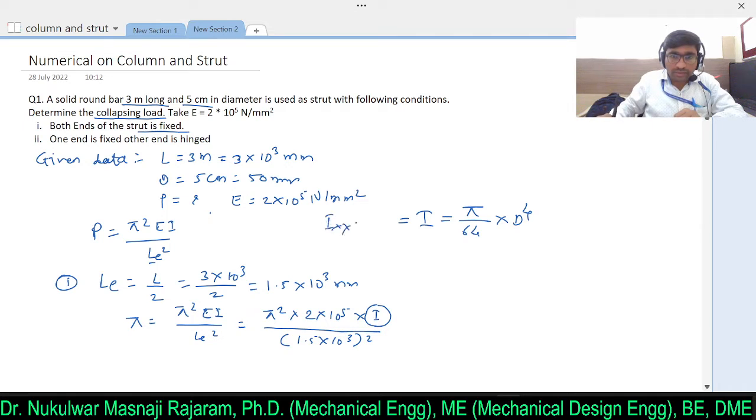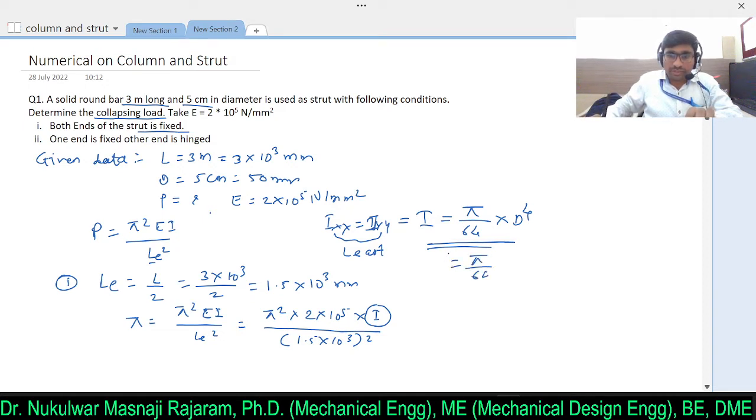So for that purpose, Ixx and Iyy we need to evaluate, and from these two, whatever the least value is, that we need to consider. Clear? Now whenever we consider the least value, we need to identify along x-axis direction as well as along y direction, but for the circle we have the same value, so I will consider the same.